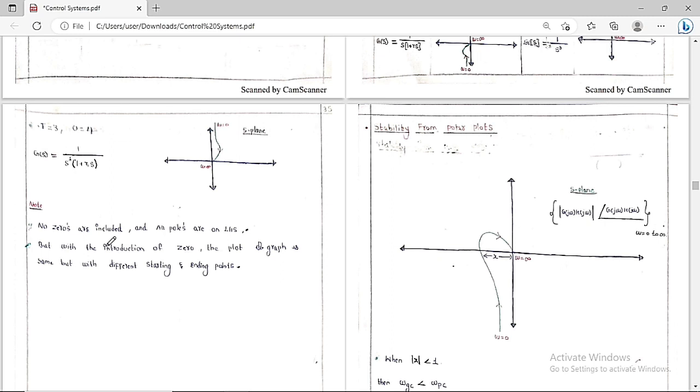So with the introduction of the 0, the polar plot of the open loop transfer function is going to remain the same, but it will have different starting and ending points. These are the points you always have to keep in your mind.